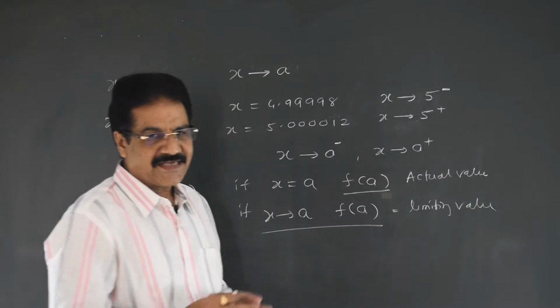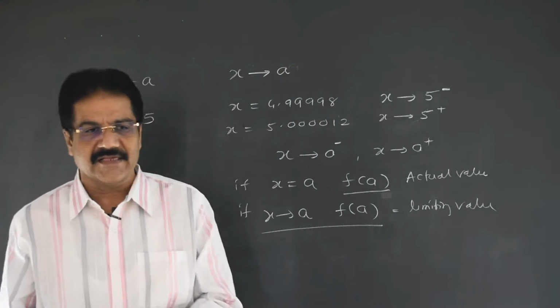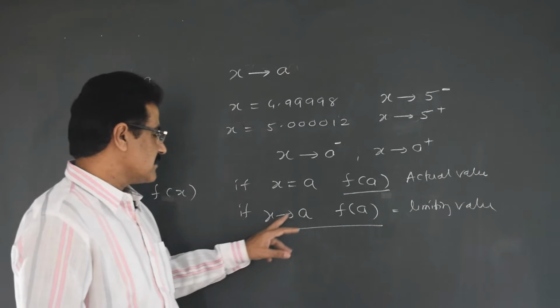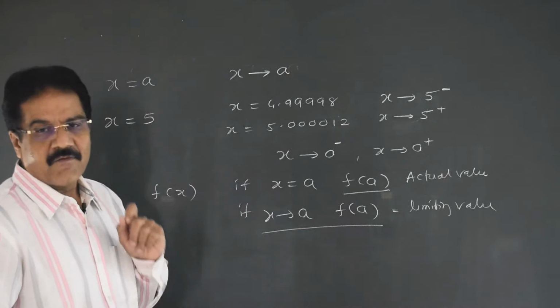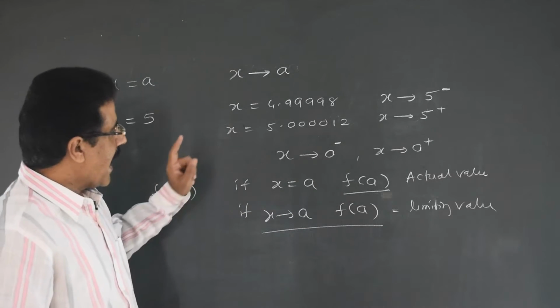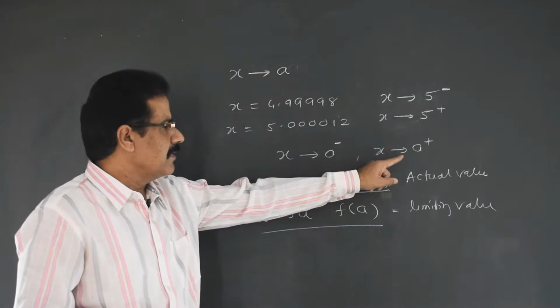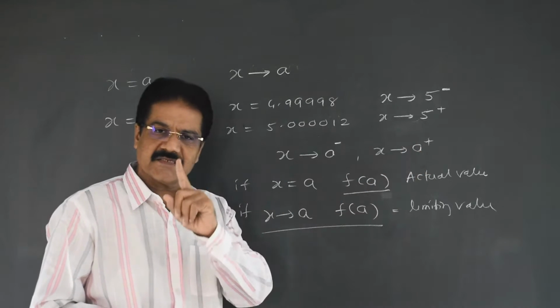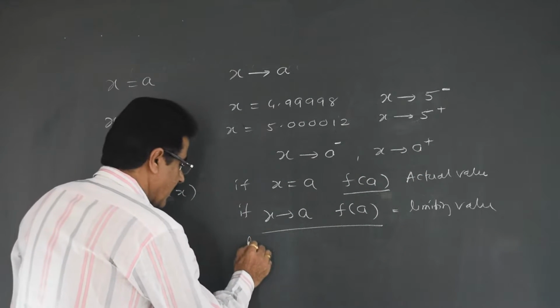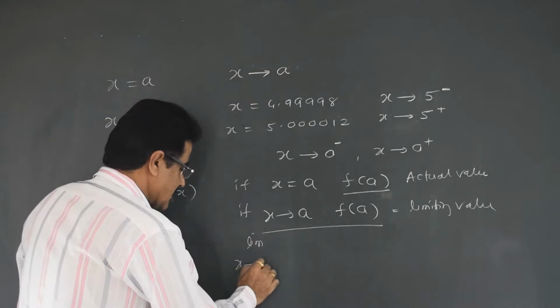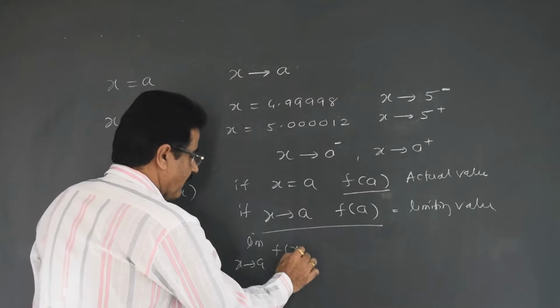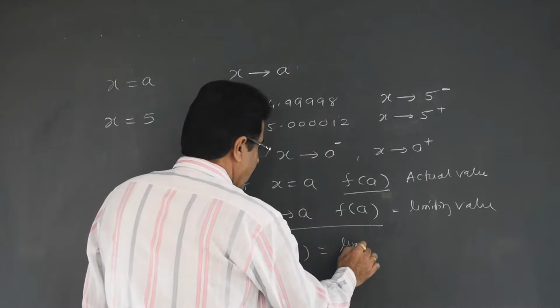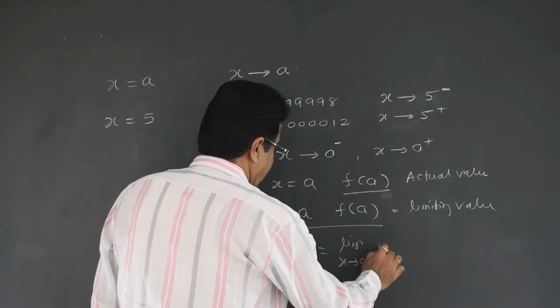And when the limit exists or when the limit does not exist, whenever we take x tends to a, the value of the function at both the limits, meaning when x tends to a minus and when x tends to a plus, must be the same. For example, if I write limit as x tends to a, f of x must be equal to limit as x tends to a, f of x.